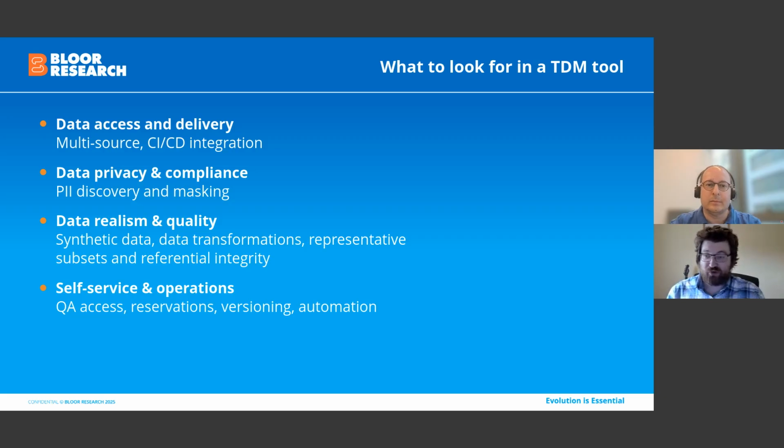The third quality I wanted to talk about was, funnily enough, data quality, as well as data realism. This is the idea that you don't just want test data to be haphazard or random or incomplete. You need test data that is going to generate good tests, which is going to accurately represent your production data, but is going to test at least all the likely scenarios, if not all of the possible scenarios.